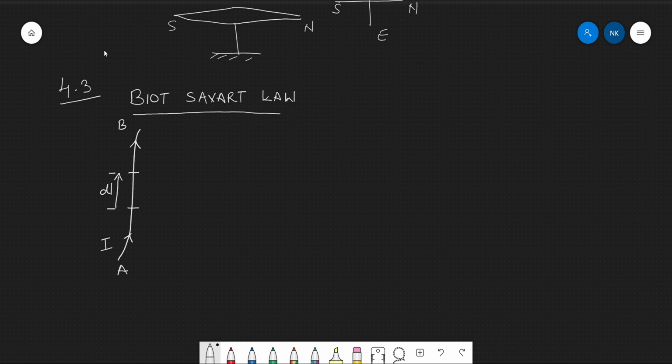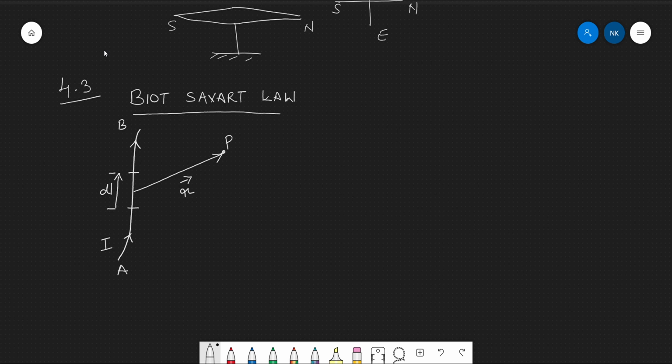Now let this be the point P, and the position vector of point P is r vector. At point P we need to calculate the magnetic field due to this small segment dl, and the Biot-Savart law will explain what the magnetic field due to this dl segment at P is.